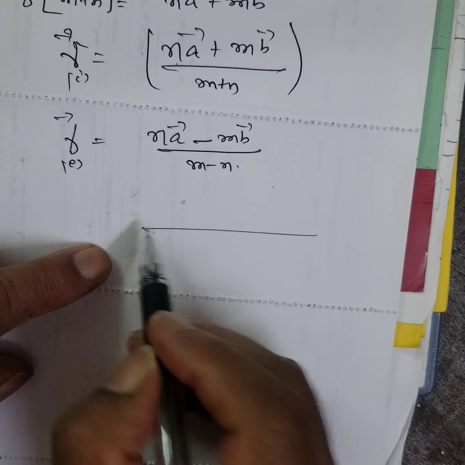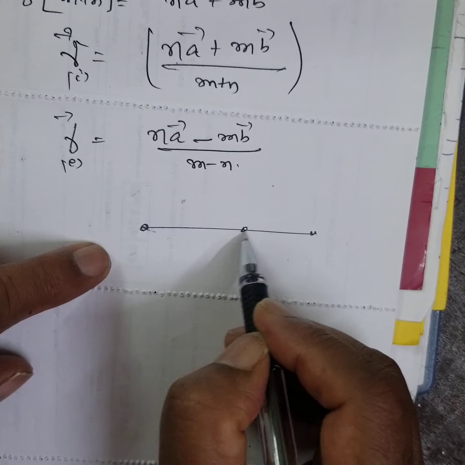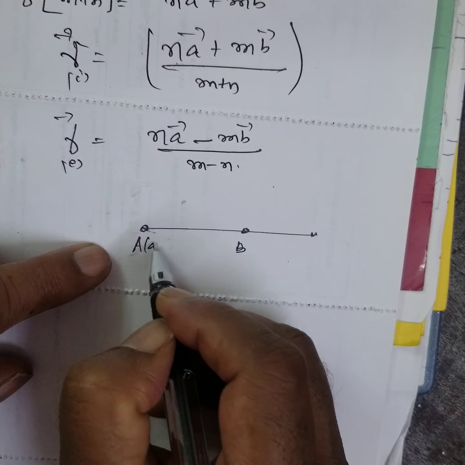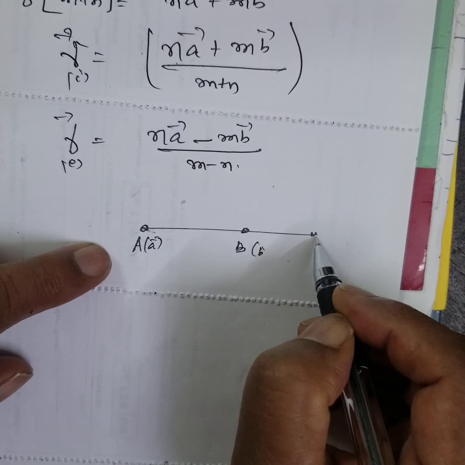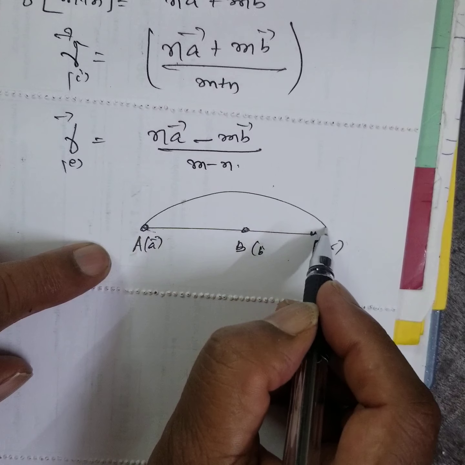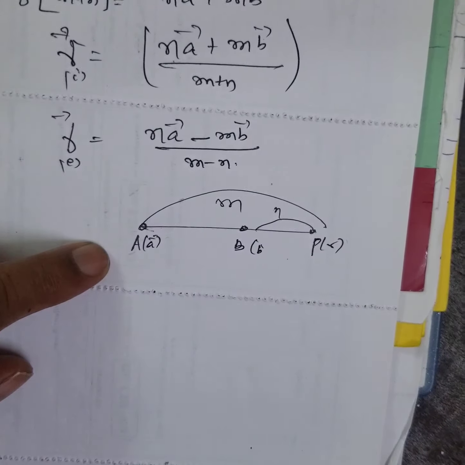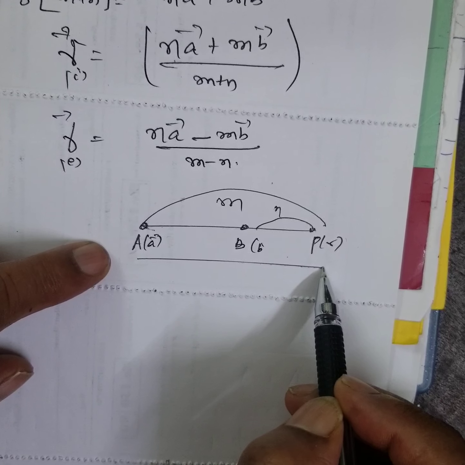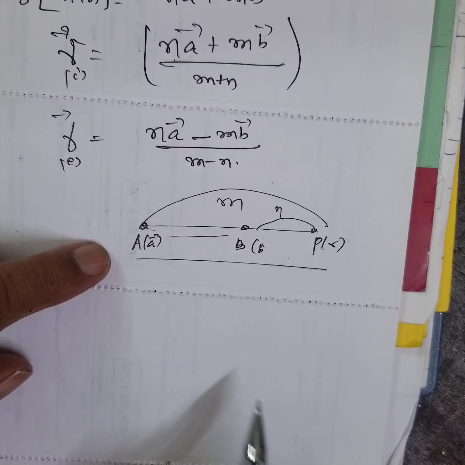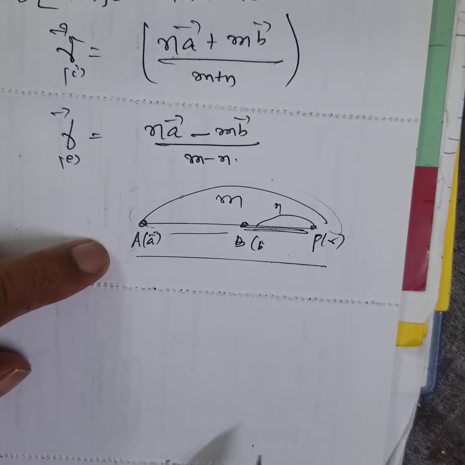How can you imagine the picture? This is A, this is B, the position vectors of A and B, and P, R. This full length is M, this is N. M and N, like that you have to do.